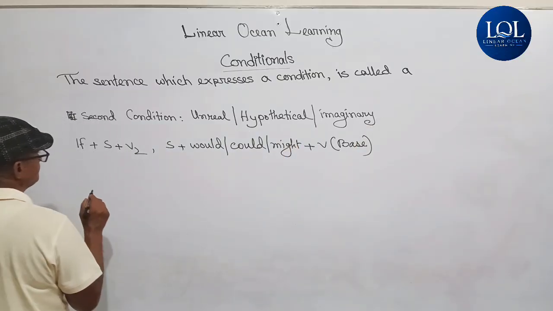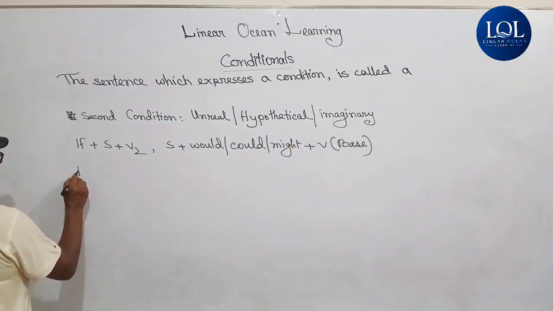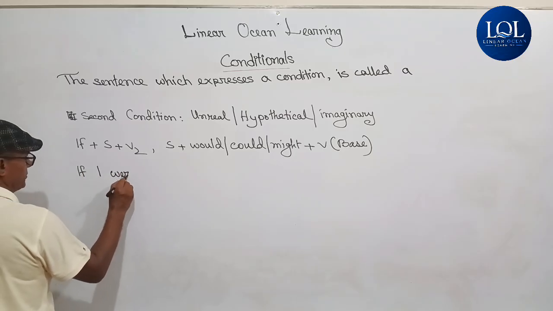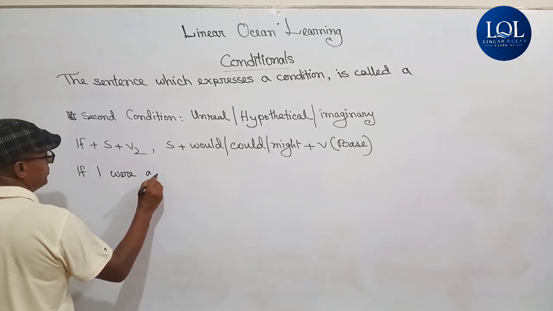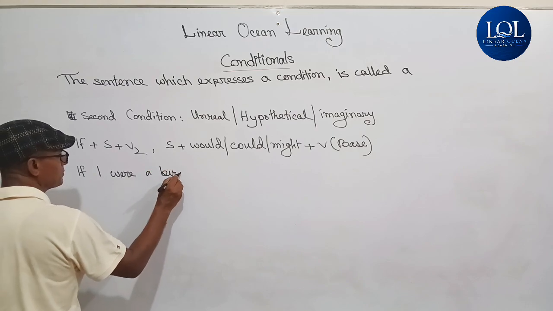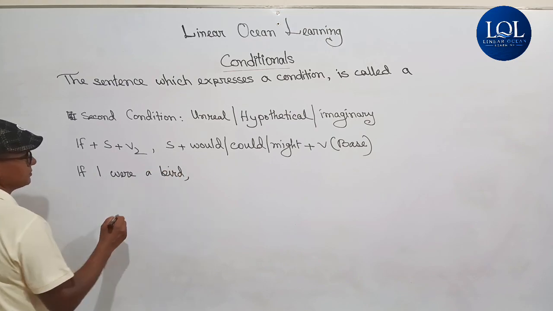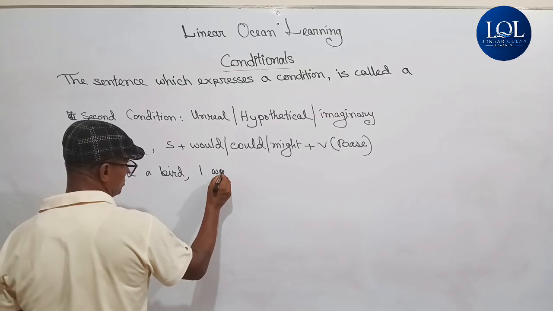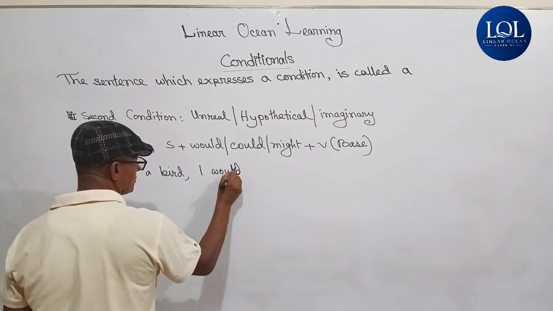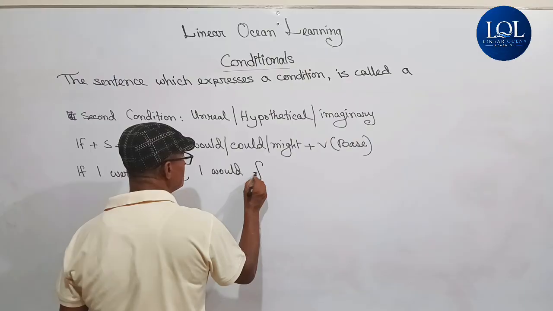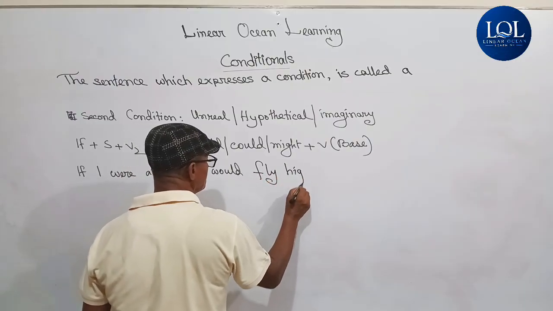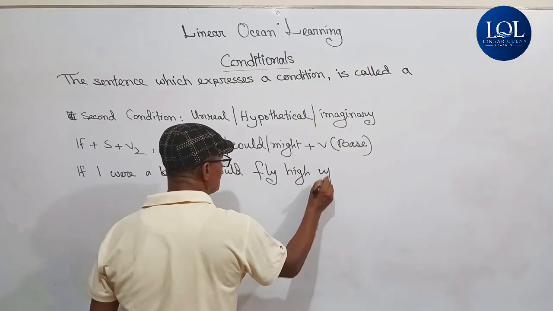Example: if I were a bird, if I were a bird, comma, I would or I could fly high up in the sky.